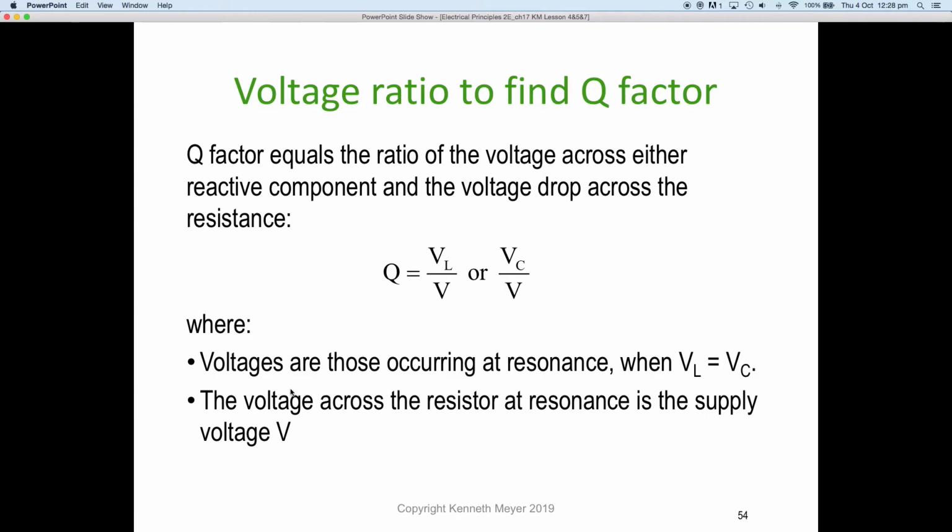At resonance, VL and VC equal each other, so we just call it VL or VC, and the voltage across the resistor at resonance is of course the supply voltage. We saw that in our little table previously.